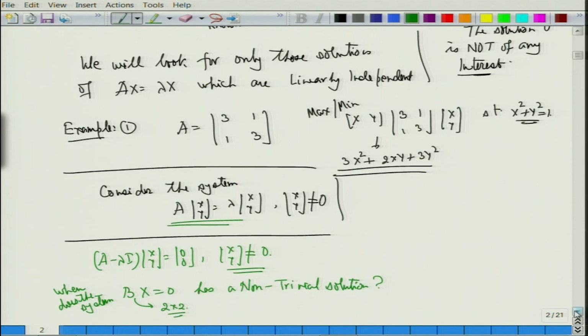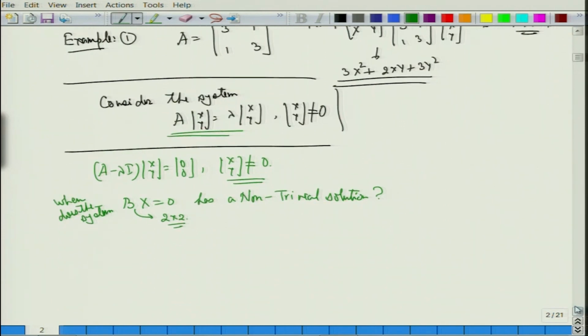So, there were some comments about it in the sense that the system Ax is equal to B, where A is a square matrix, has a unique solution if and only if A was invertible. All right. Now here I want it to have a non-trivial solution, which means it should have an infinite number of solutions. Fine. So, if x naught is a solution of Bx is equal to 0, then 2x naught is also a solution.